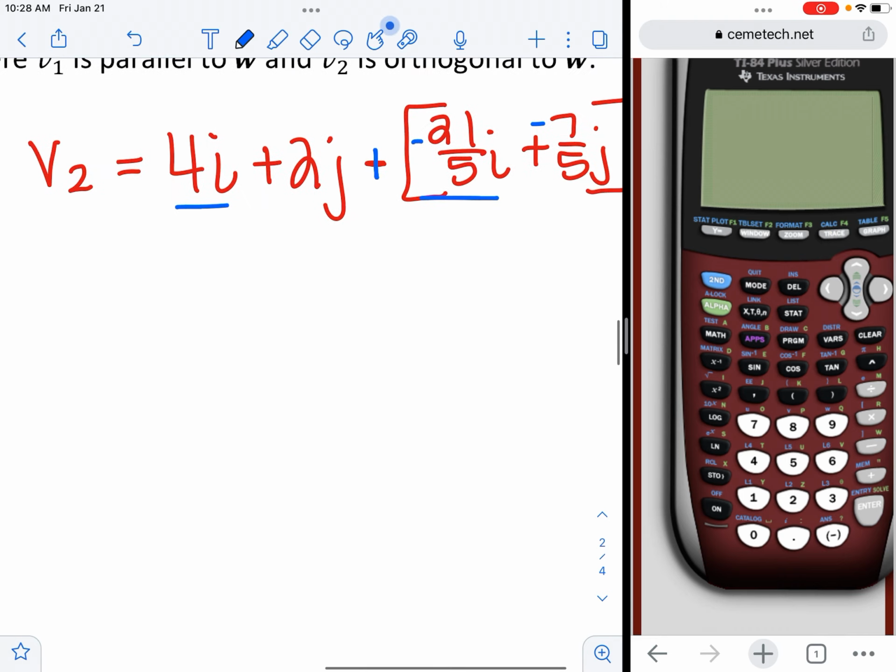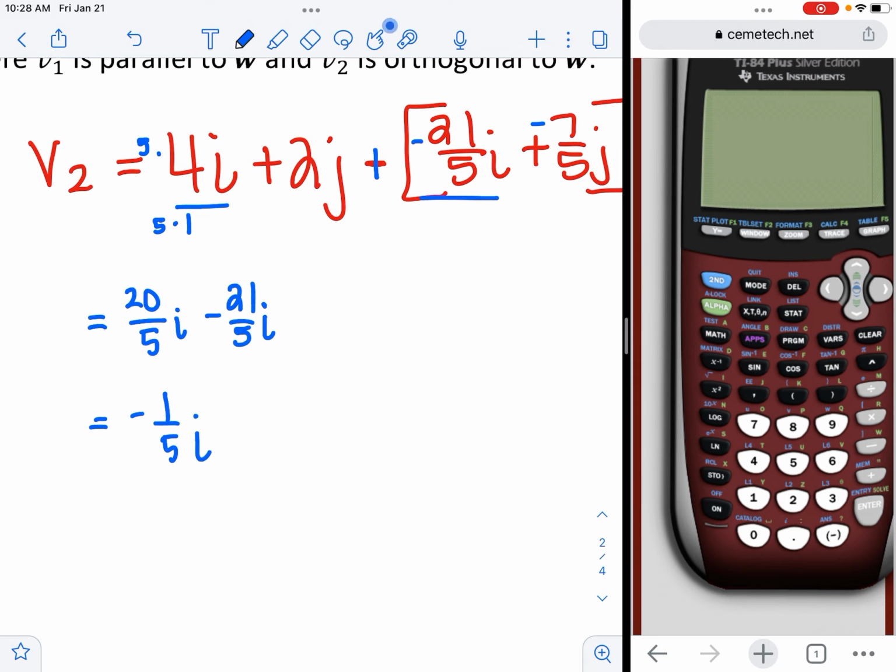I have to combine 4i and negative 21/5 i. I need a common denominator for that, so I'm going to put this over 1. That becomes 5. Multiply this by 5, multiply this by 5. So that's 20/5 i and negative 21/5 i, which is negative 1/5 i.